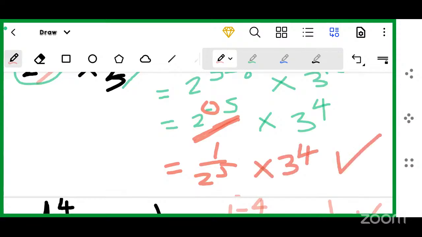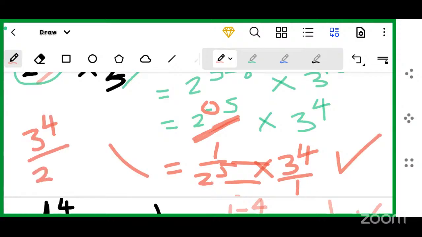And that's your answer. Then we can multiply these two and get 3 to the power of 4 over 2 to the power of 5, since the 1 multiplies with the 3 to the power of 4, so the 3 to the power of 4 climbs on top.